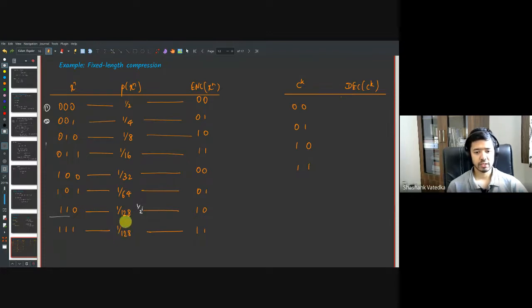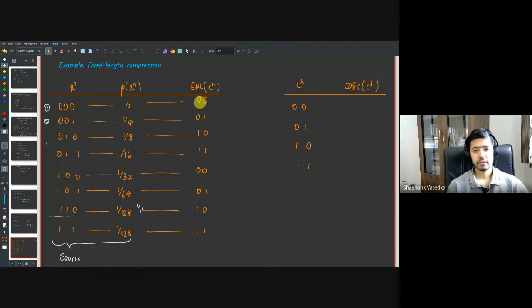The last sequence also has probability 1 over 128, just so that these probabilities sum to 1. So this is the source, the complete description of the source or the raw file.